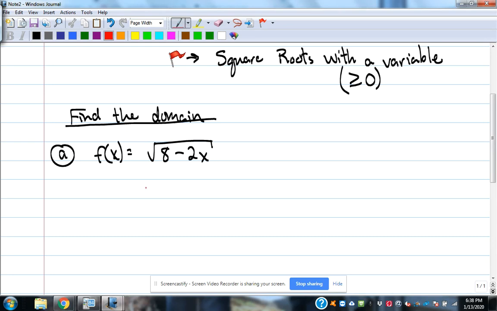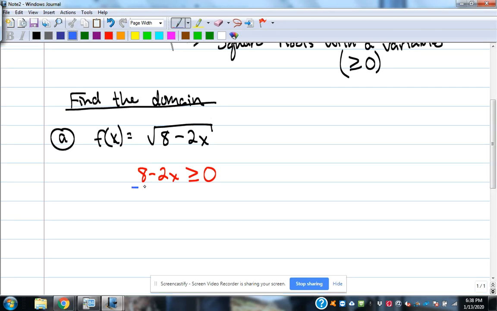So to find the domain of that, we just set the stuff that's inside of the square root greater than or equal to 0. And we're going to solve that to find the domain. So subtract 8. Greater than or equal to negative 8. And then divide by negative 2.